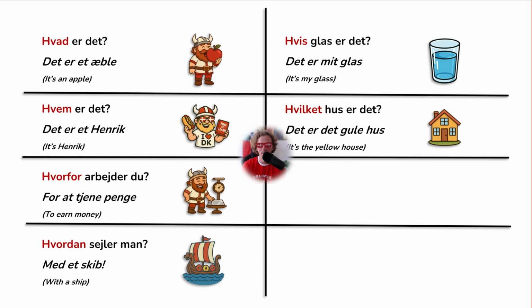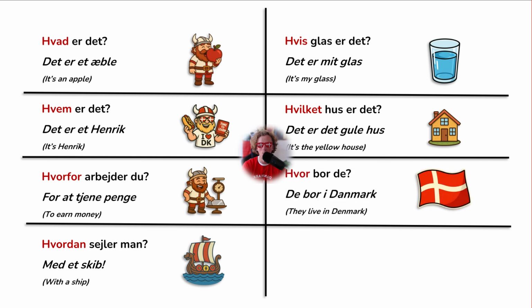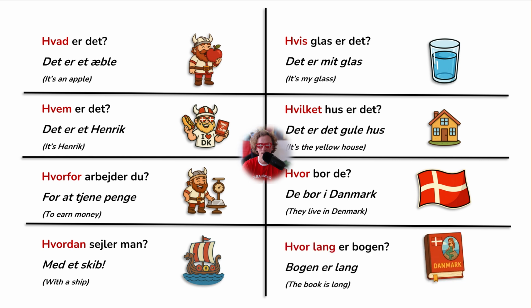Hvilket hus er det? Det er det gule hus. It's the yellow house. Hvor bor de? De bor i Danmark. They live in Denmark. Hvor lang er bogen? Bogen er lang. The book is long.